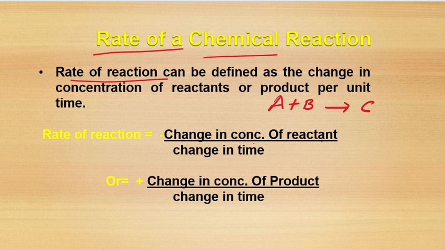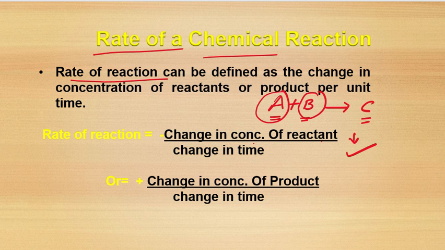You can determine the rate of a reaction by looking at the concentration of A, whether it is decreasing, looking at the concentration of B, and looking at the concentration of C. So what is the change in concentration of A with respect to a particular time, or of B? It will always be decreasing if the reaction is moving forward.